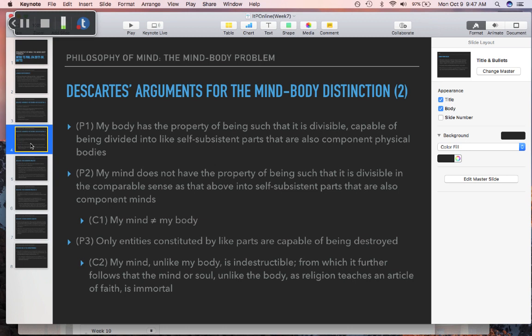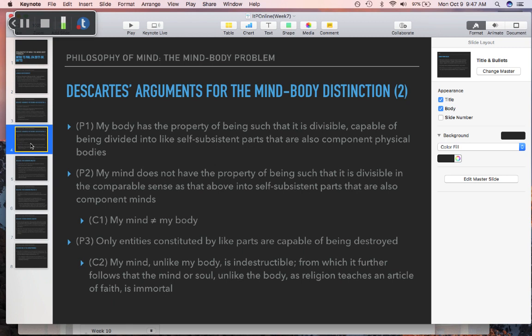I could lop off various parts of my body. Going down to the microscopic level, I could divide different cells from each other, and the cell is still its own thing, right? We don't have to argue about whether a finger is a finger when it's detached from the hand. It's still a physical object, right? That's all we need from this.